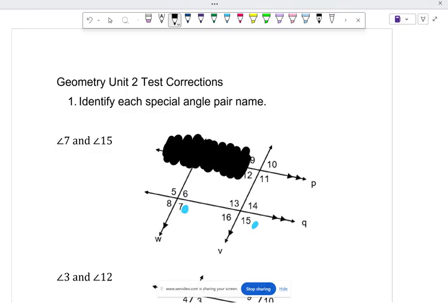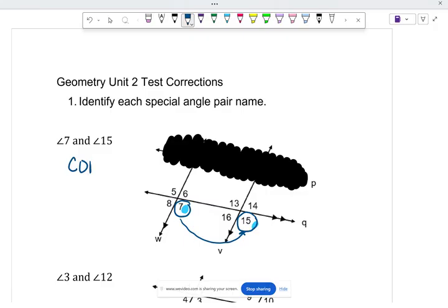We don't need any part of line P to be able to name the relationship between angle 7 and angle 15. All right, angle 7 and angle 15 slide and match up with each other. So angle 7 and angle 15 are corresponding angles.